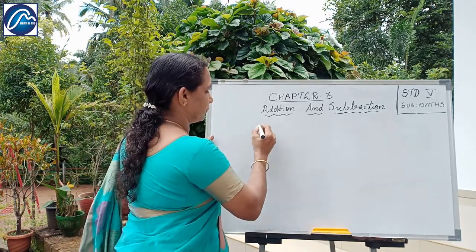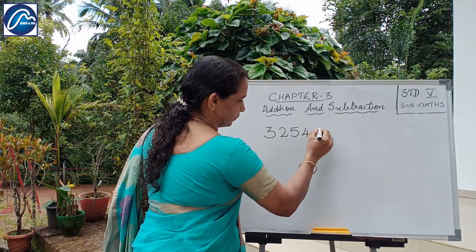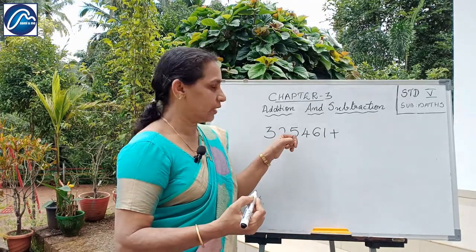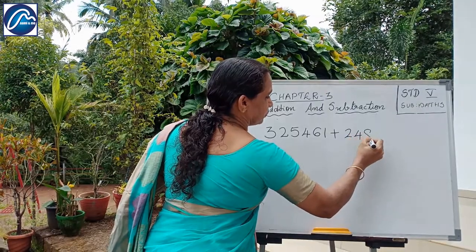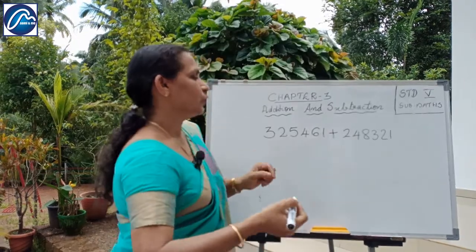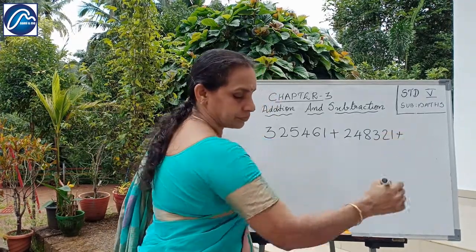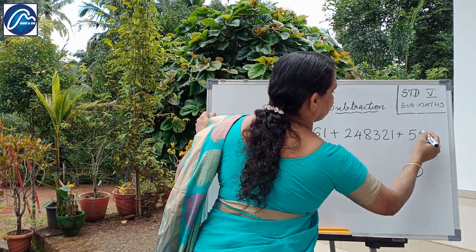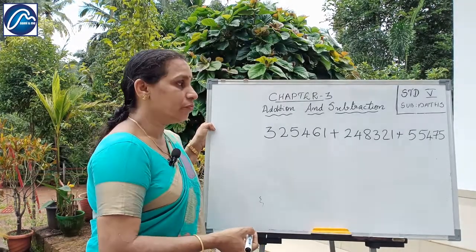Let me write one example. You are asked to add 3,25,461 and 2,48,321 and 55,475.